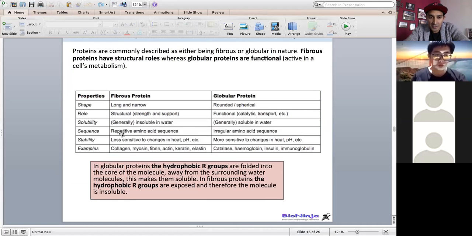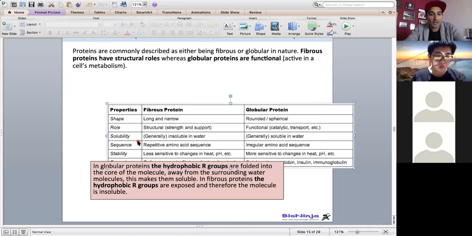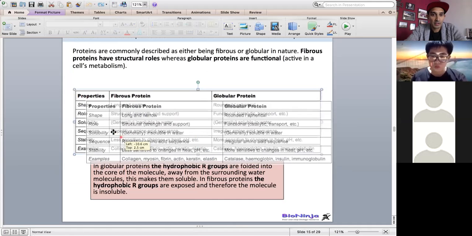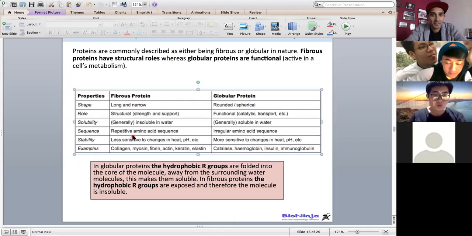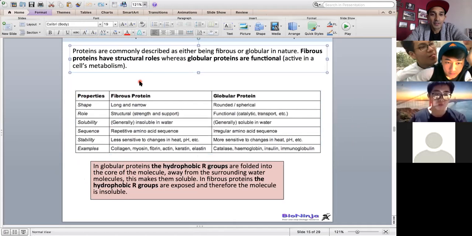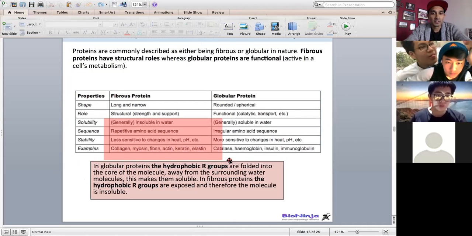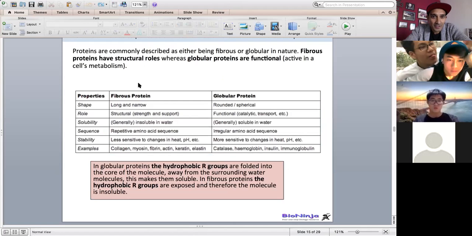One of the interesting parts you can see here is that fibrous proteins have a repetitive amino acid sequence.